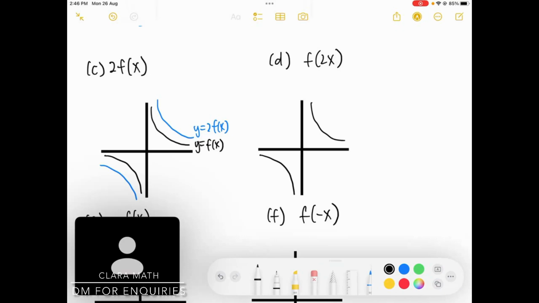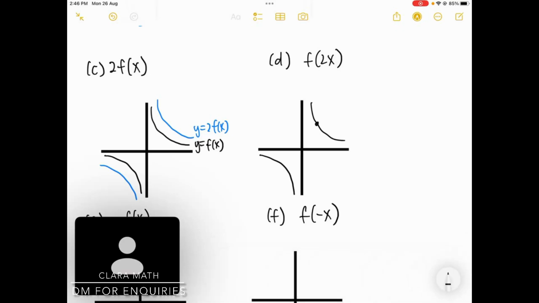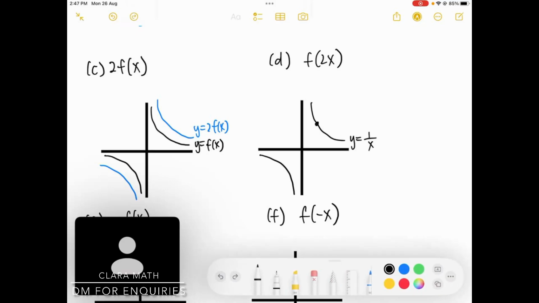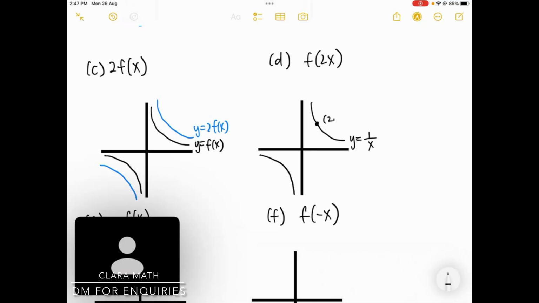So maybe I put a number here. I put this 1 over x. So when x is 2, you sub into the equation, you get 1 over 2 for the y.